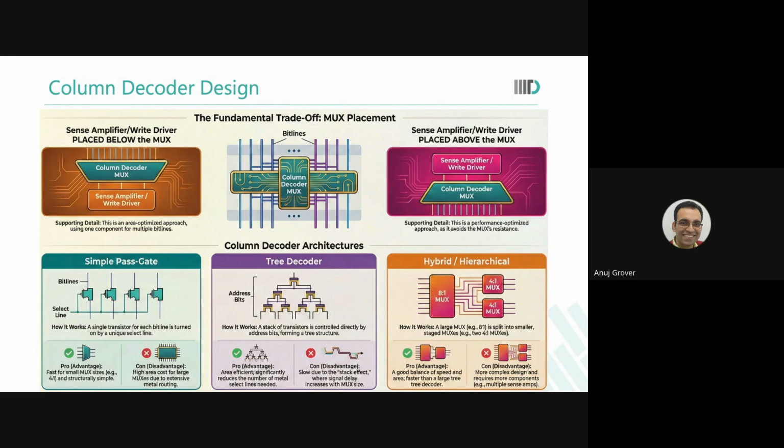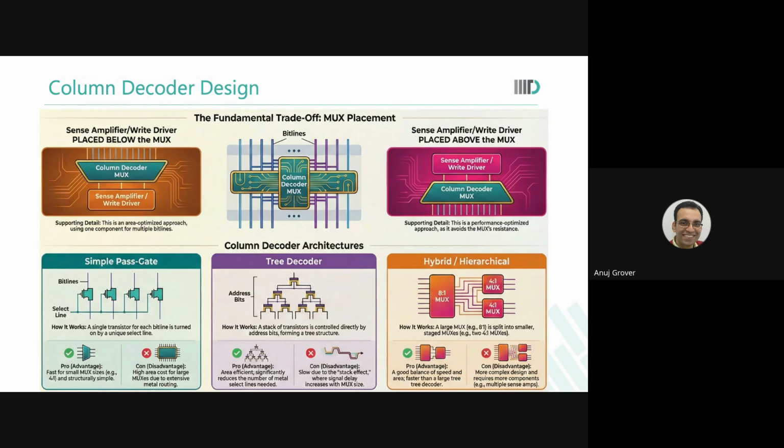Suppose it is MUX 32. Then an LVT MUX transistor may mean leakage from 31 others, unselected. So you may not want to go to LVT. So depending on MUX size, now you have the flexibility to choose which VT to use. Because otherwise, bitline to sense amplifier input might get a little delayed.